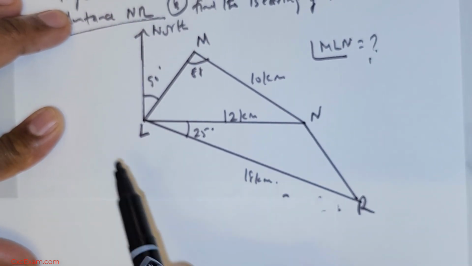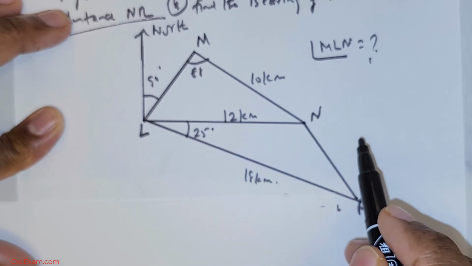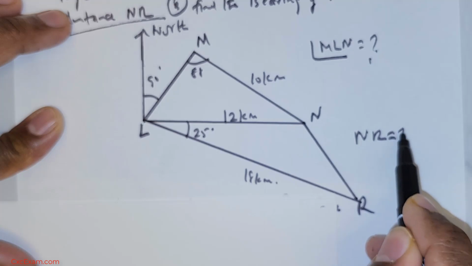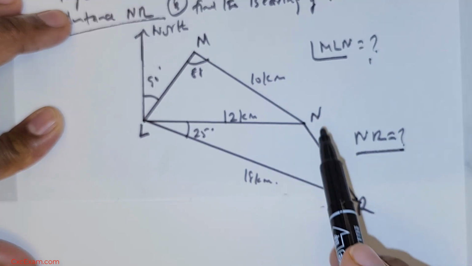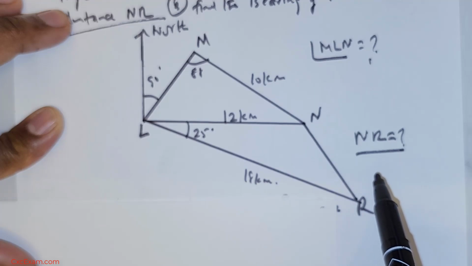Now what we have to do is get NR, this distance. So to obtain NR, we are going to use the cosine rule, right? So explicitly I will just draw this triangle.